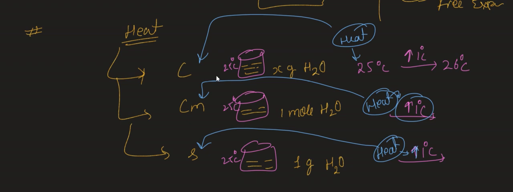Heat capacity definition is heat required to raise 1 degree Celsius of unknown amount of water. Here, heat required to increase 1 degree Celsius for 1 mole of water. The third definition: heat required to increase 1 degree Celsius for 1 gram of water. Not only water, you can take any other compounds. I hope you understood the differences between heat capacity, molar heat capacity, and specific heat capacity.